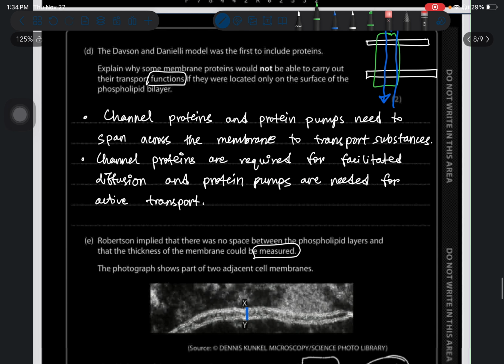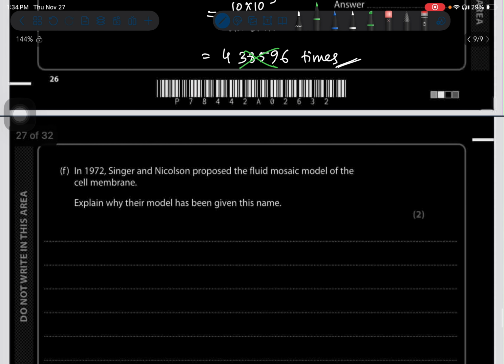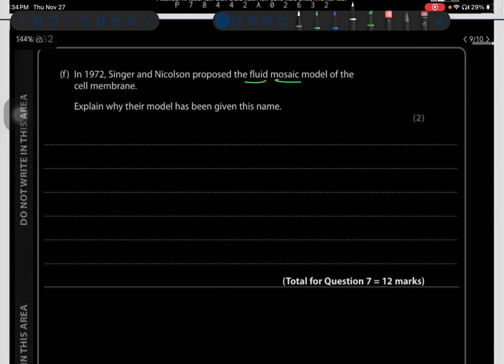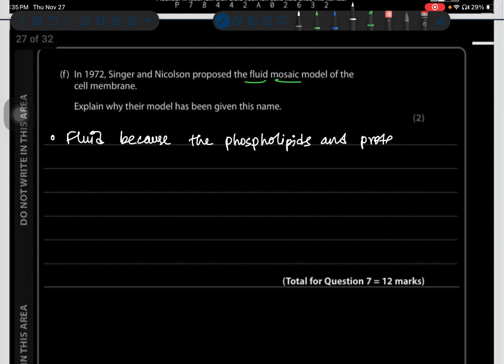That's basically why the fluid and the mosaic parts in the name are given. The fluid part is because the phospholipids and the proteins can move around in the bilayer, hence the name fluid.